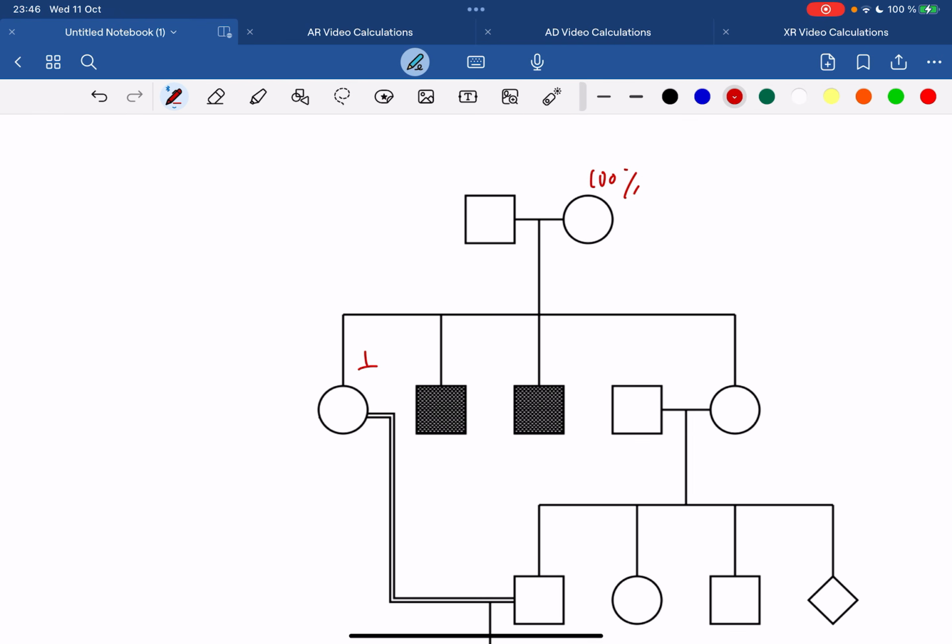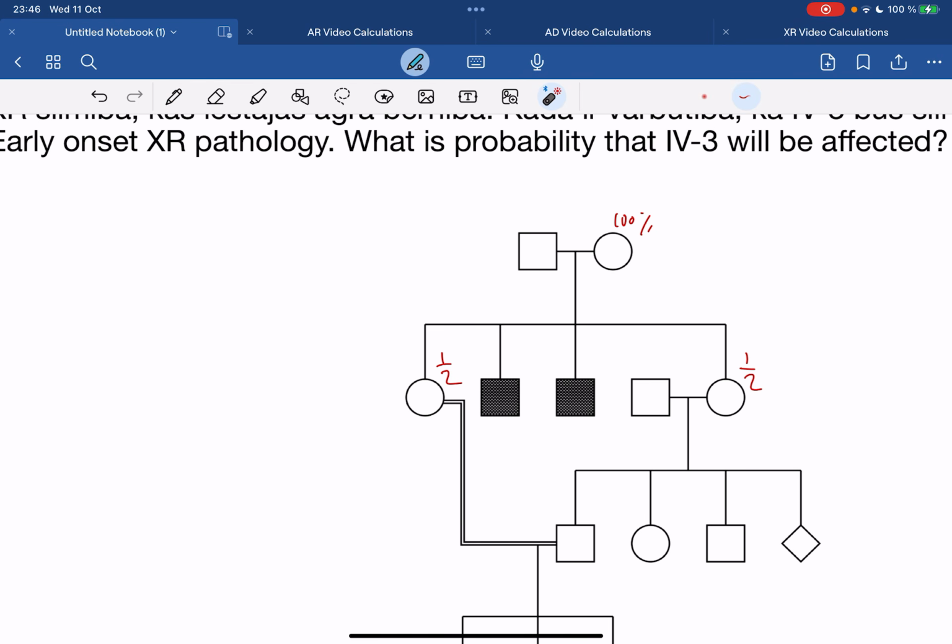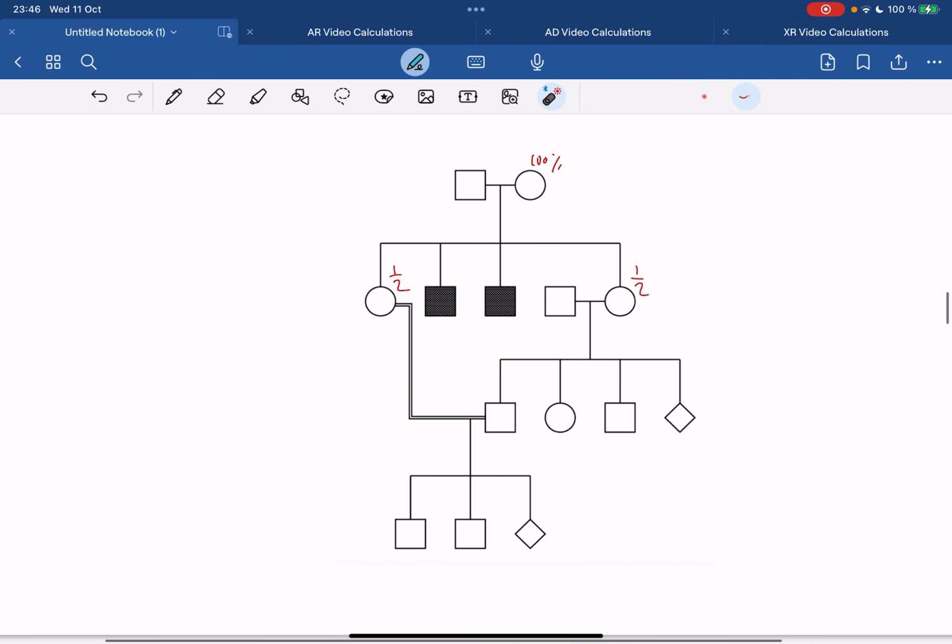Daughter here is 1/2, daughter right here is 1/2, but remember, we do a Bayesian table for X-linked recessive if we are unsure about the probability of them being a heterozygous carrier, as well as if they have healthy sons.